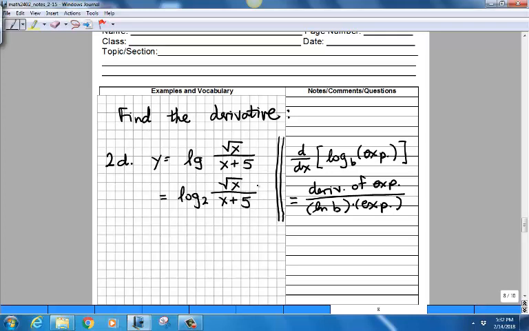Now, because this expression inside the log is kind of complicated, it's really going to benefit us here to take a little time before we start actually computing the derivative, and use properties of logs to rewrite this function.